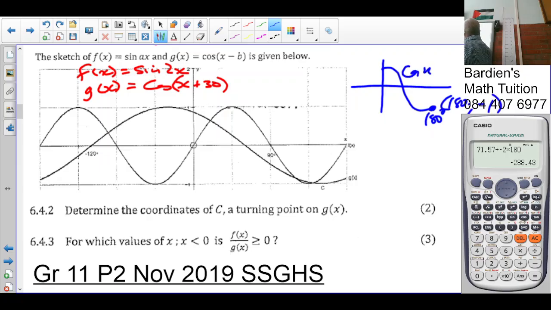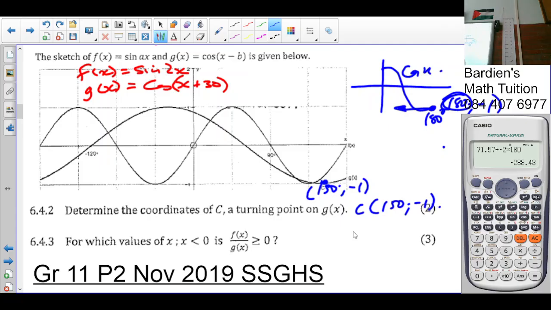That is the cos of x graph. Not so. So what's going to happen to that turning point? It's going to move how many degrees? 30 degrees to the left. So this turning point is now where? If I move 30 degrees to the left from 180, 150 is 150 and negative 1. So C is 150 and negative 1.